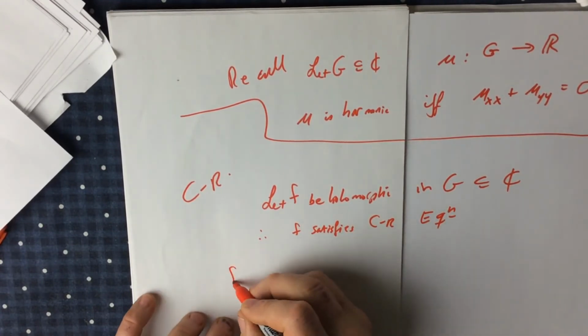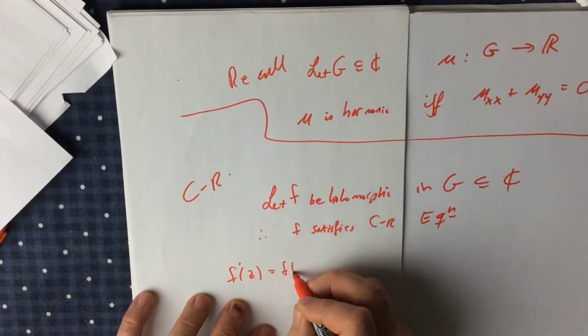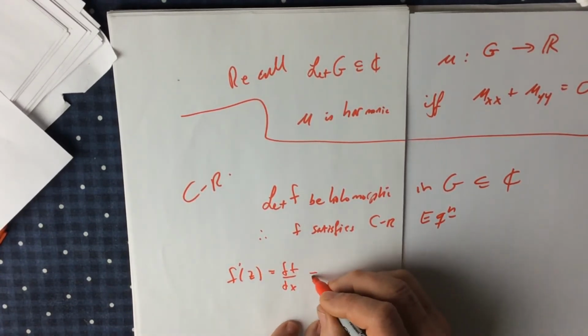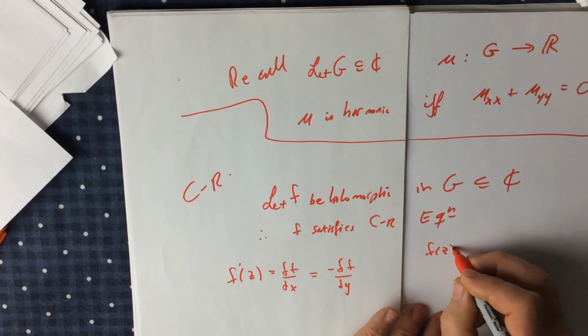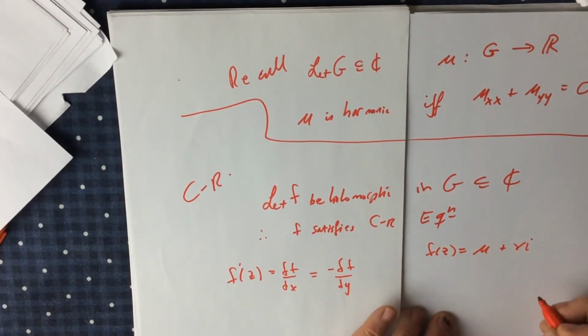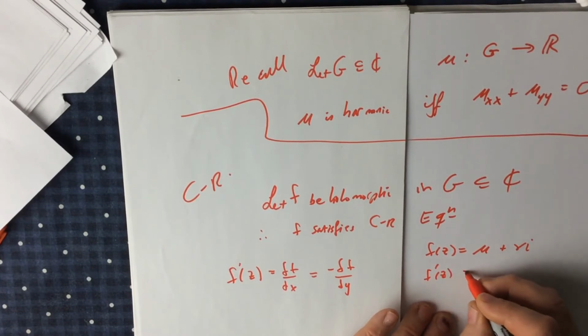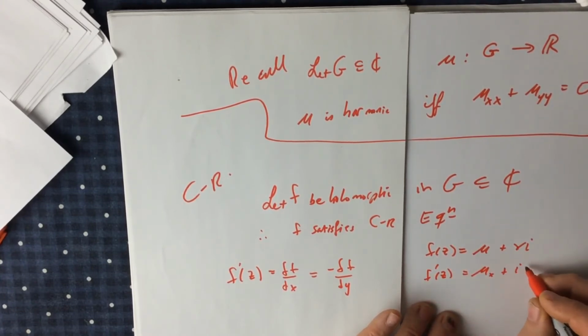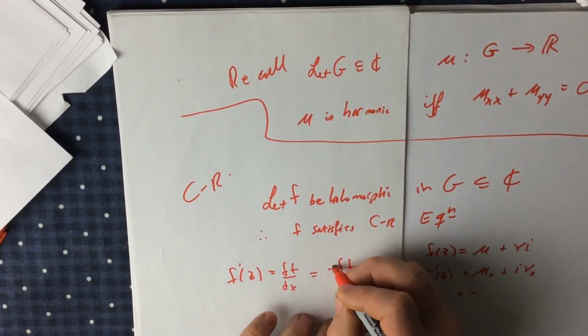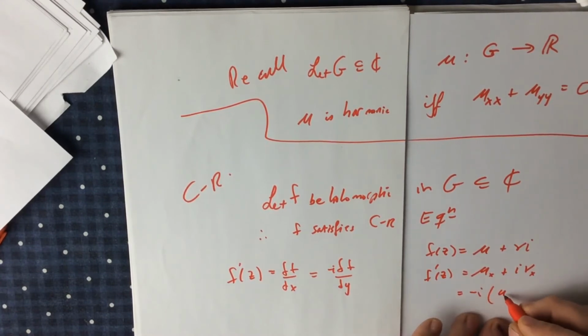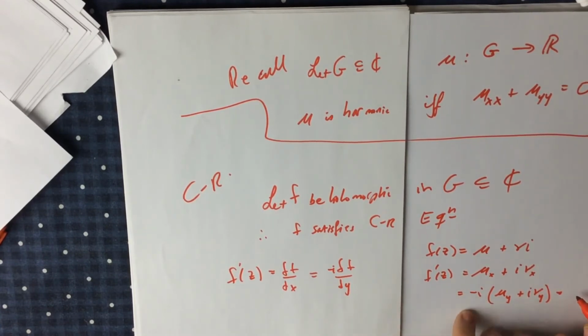What do the Cauchy-Riemann equations say? Well, they say the derivative of f is the partial of f with respect to x, which happens to be the same as minus i times the partial of f with respect to y, which says that if you write f of z as mu plus nu i, then f prime of z is mu of x plus i nu of x, but it's also minus i times mu of y plus i nu of y, which is nu of y minus i mu of y.